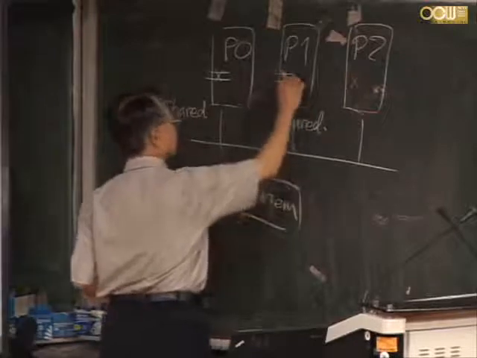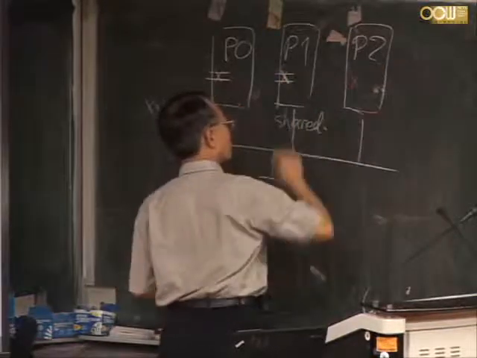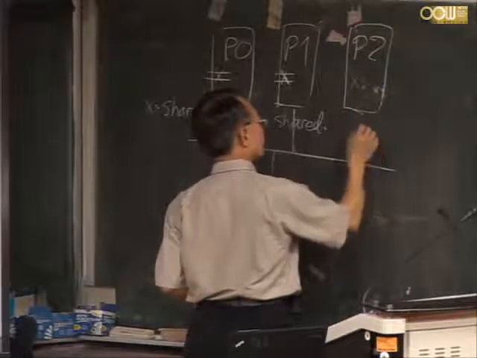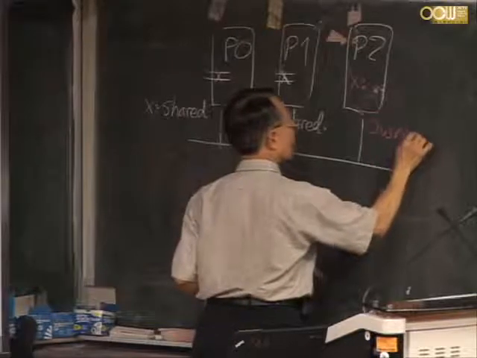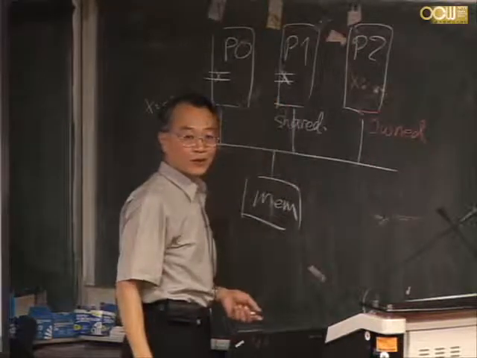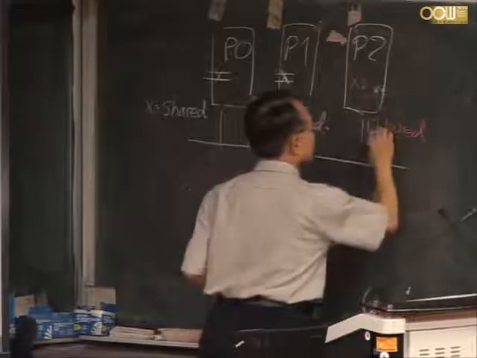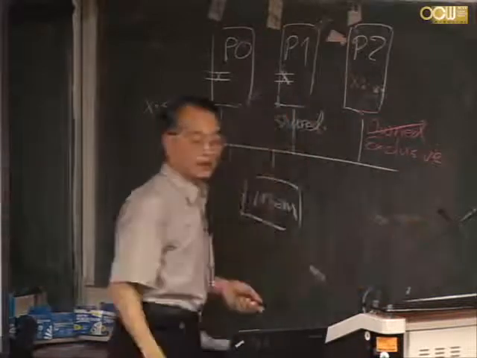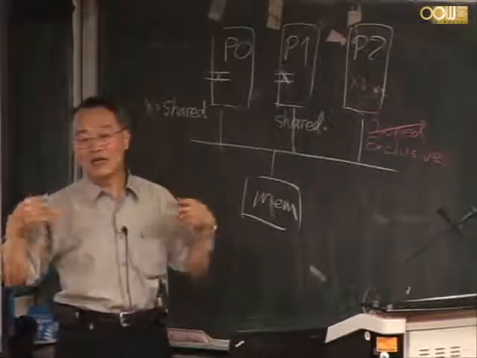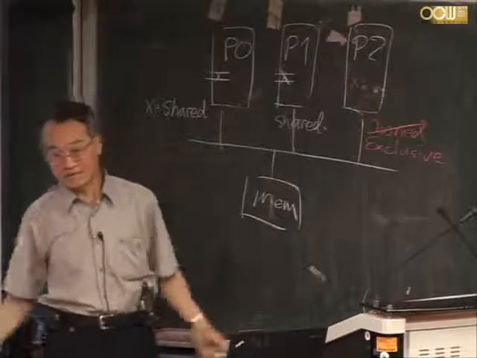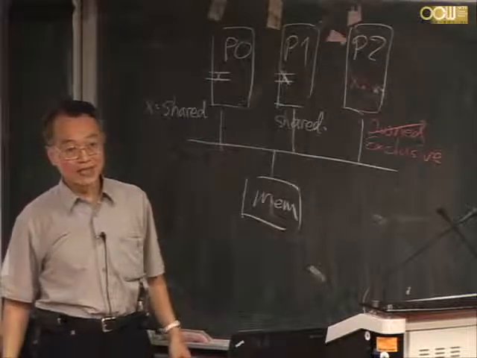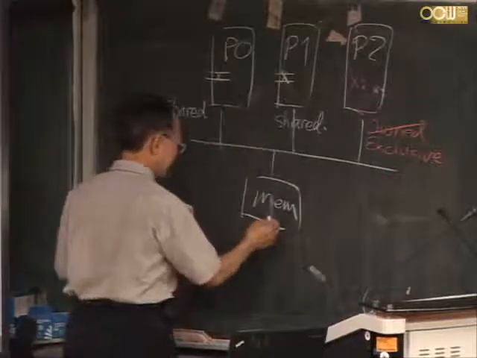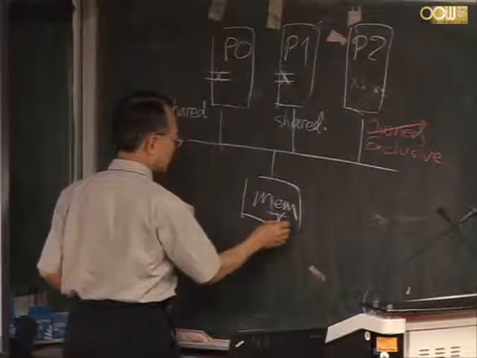P1 should do the same. And P2, since it's going to write to X, will say X is owned here, or most people use another term called exclusive. Exclusive means I'm the only one who can have it. You cannot. And once it's exclusive, X in memory is also no more good.